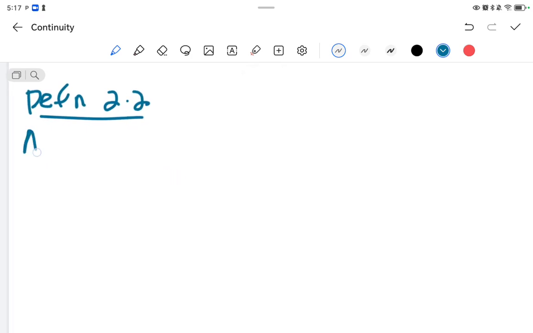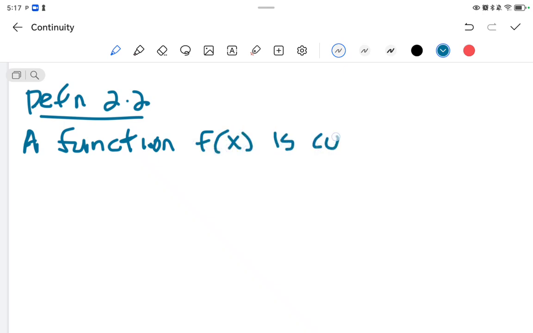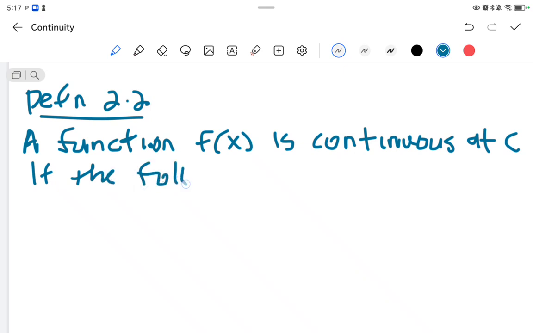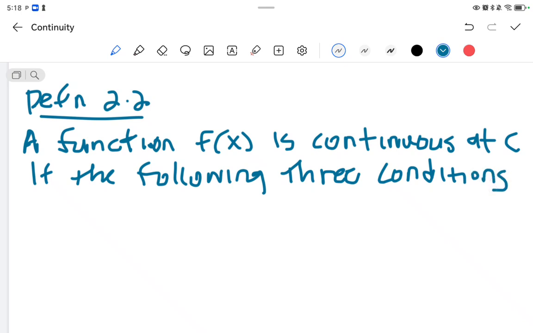They say that if we're given a function, in this case f of x, then this function is continuous at a point c if the following three conditions are satisfied.